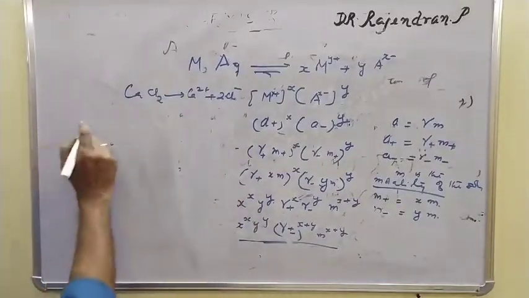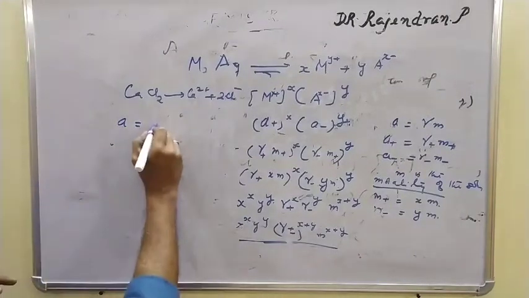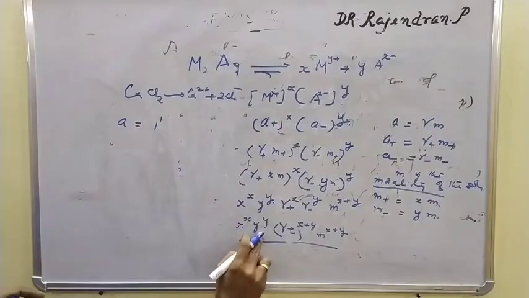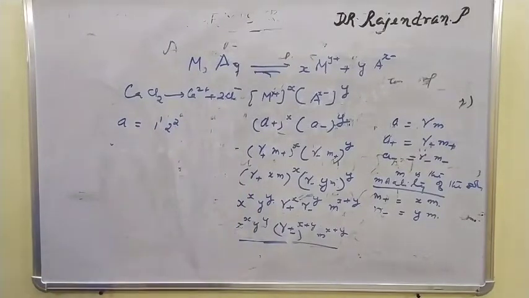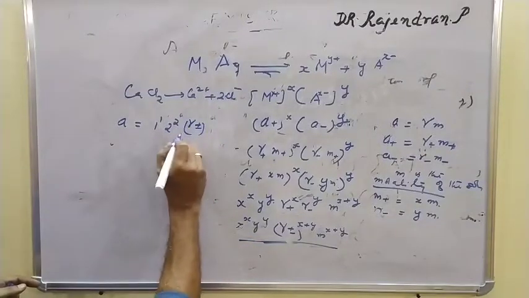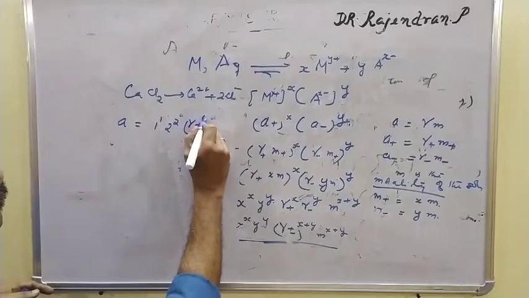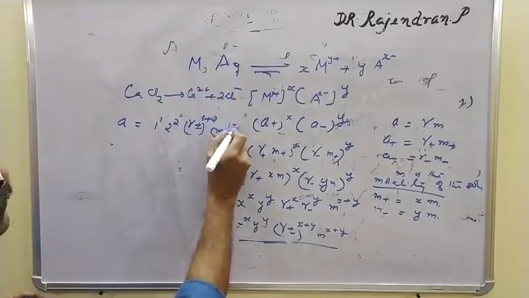So you can write activity A is equal to 1 raised to 1 into 2 raised to 2 into gamma plus or minus raised to 1 plus 2 into m raised to 1 plus 2.